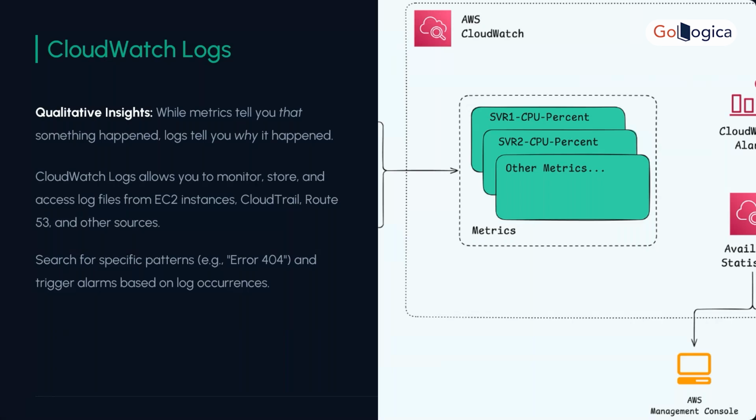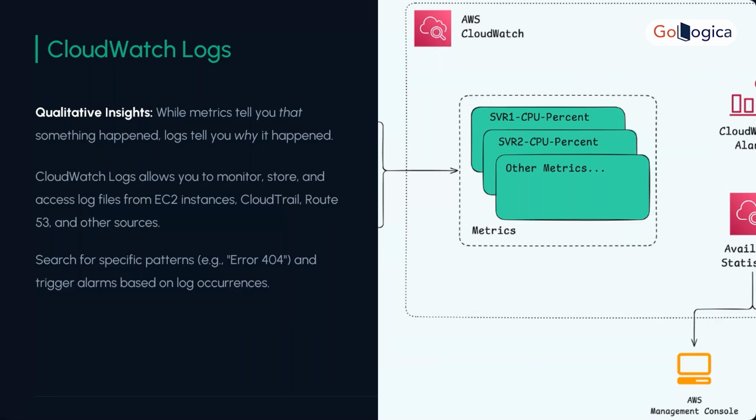Logs are more detailed, qualitative information. While metrics tell you that something happened, logs tell you why it happened. It logs that event with more details.